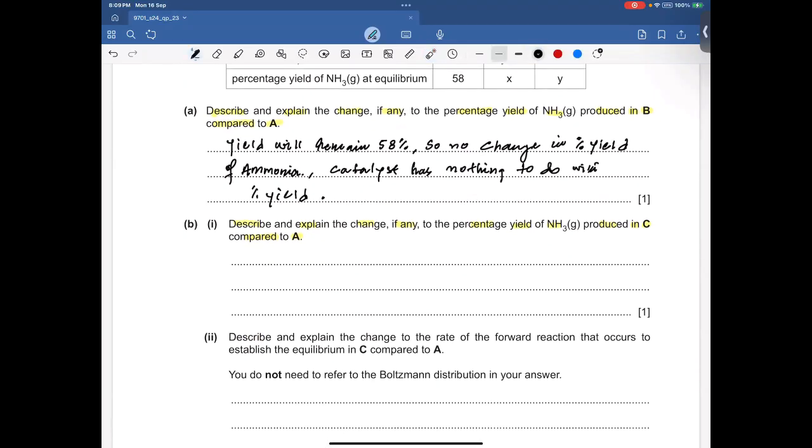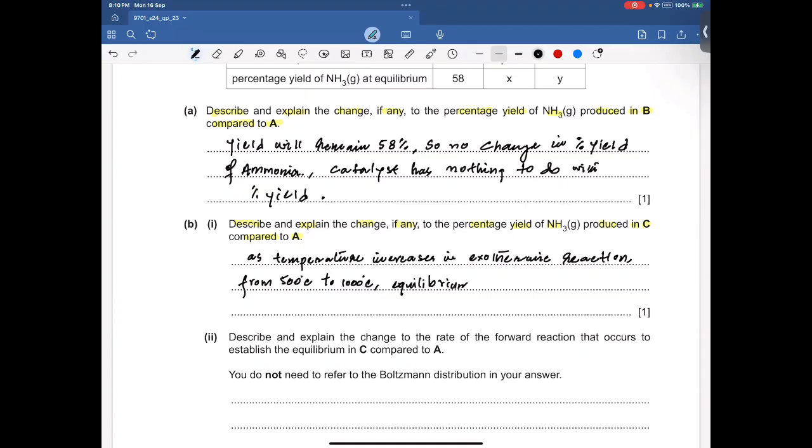So I'm writing here: as temperature increases in exothermic reaction from 500 degrees Celsius to 1000 degrees Celsius, equilibrium favors towards left-hand side.